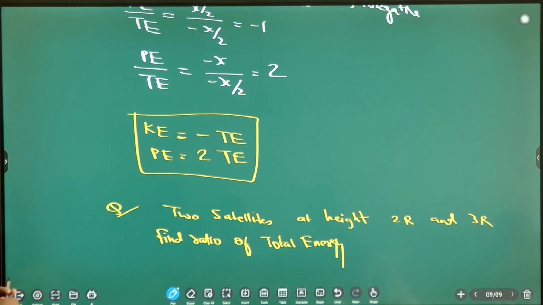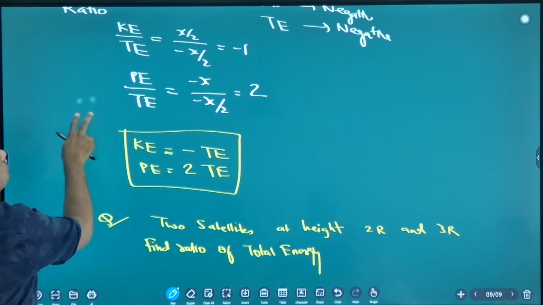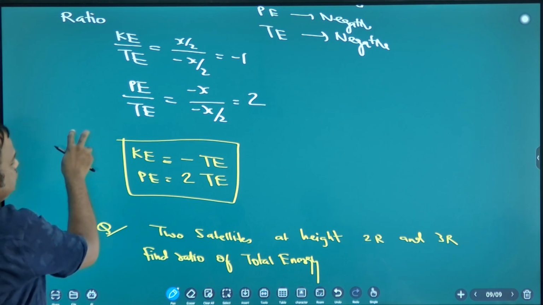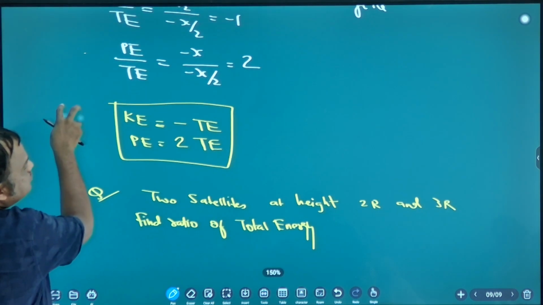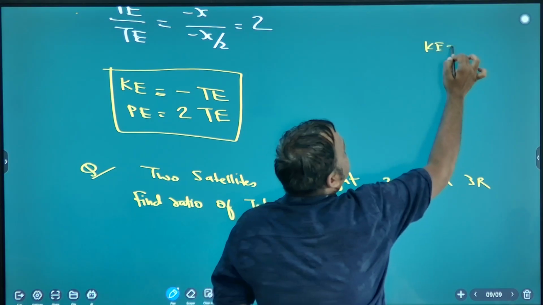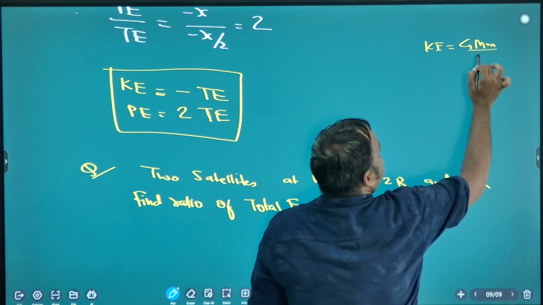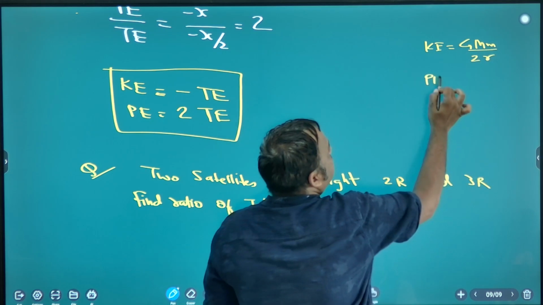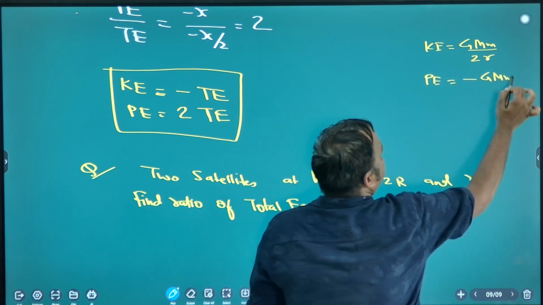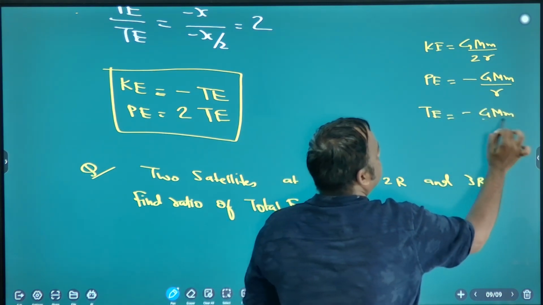Use the formula of total energy. I am writing all the formulas once again. Kinetic energy GMm by 2r, potential energy minus GMm by r, total energy minus GMm by 2r.